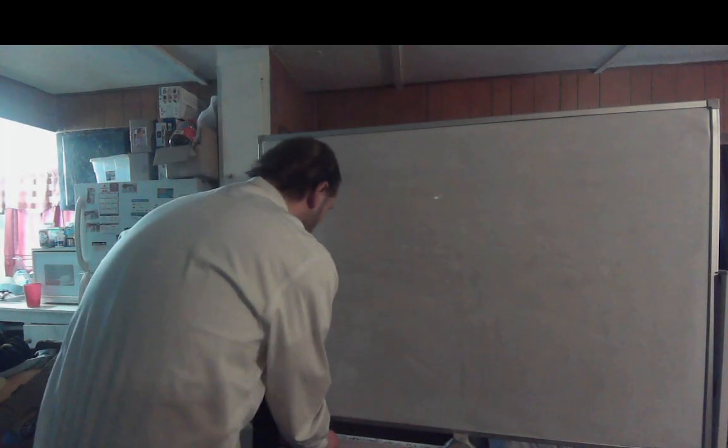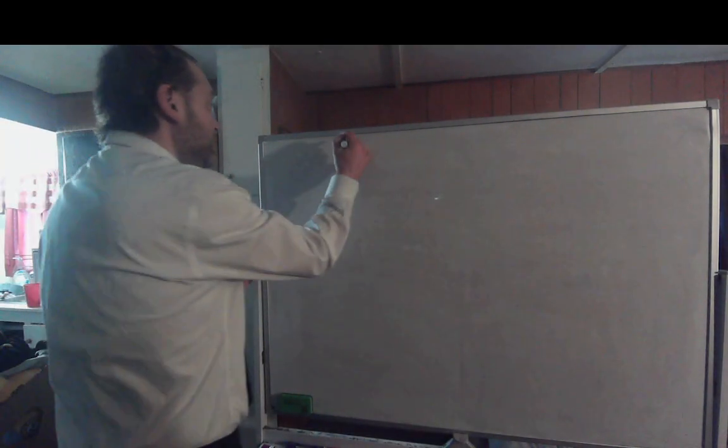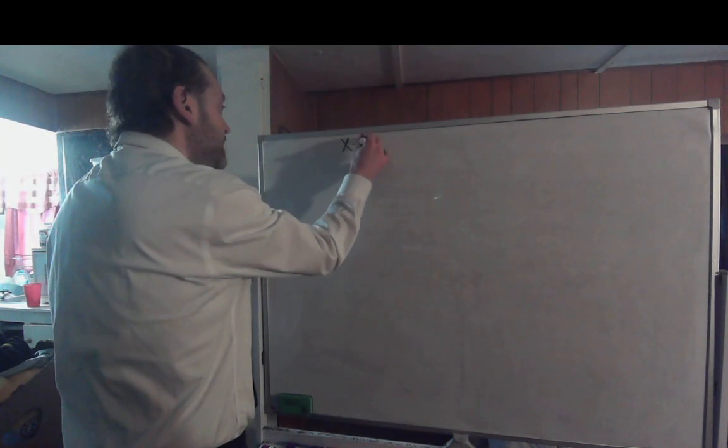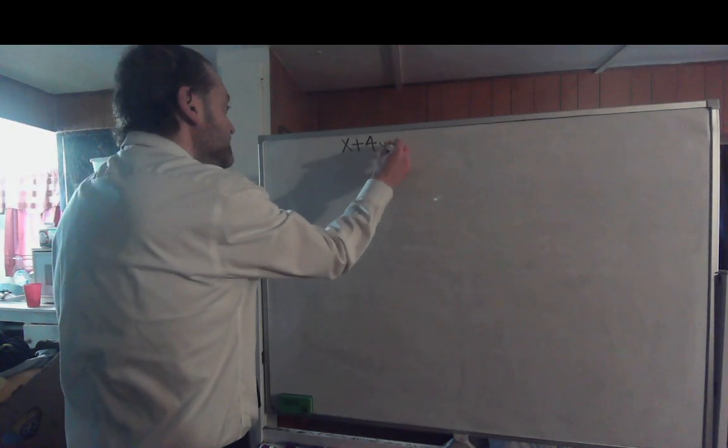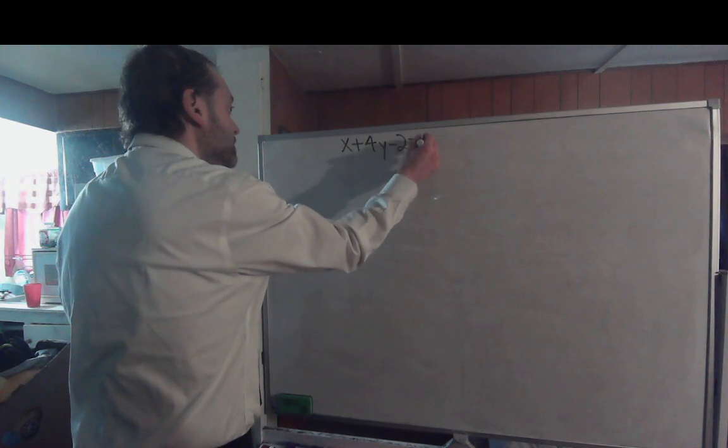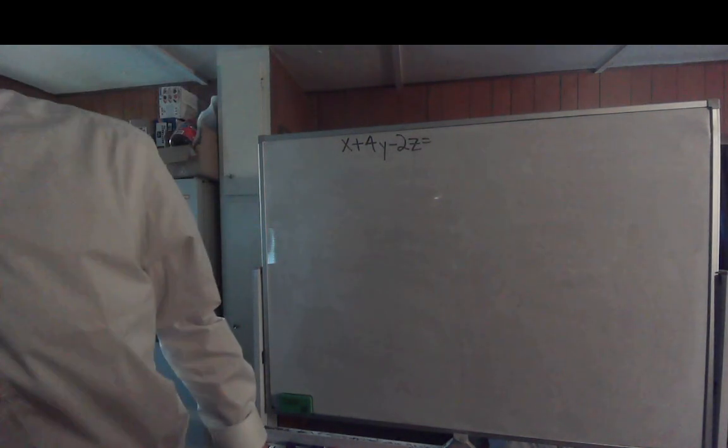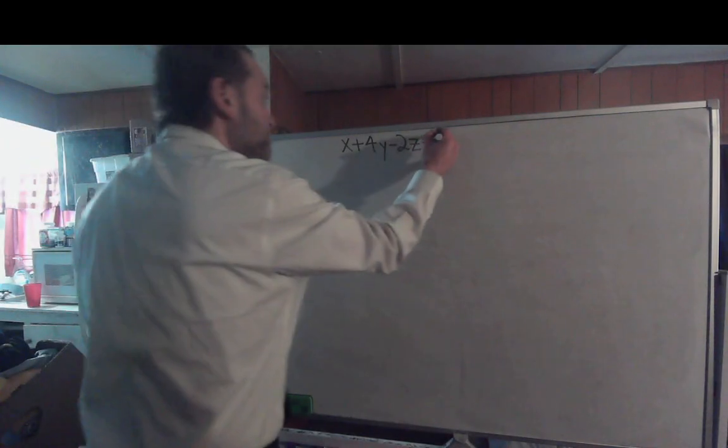All right, 3 more. We're halfway there. So we have x plus 4y minus 2z is equal to 3.